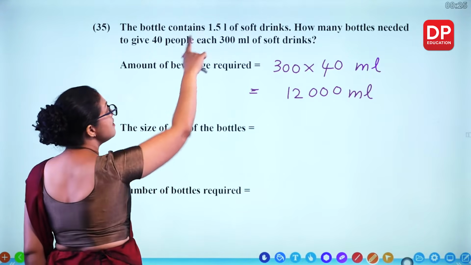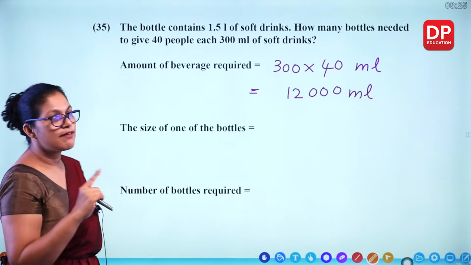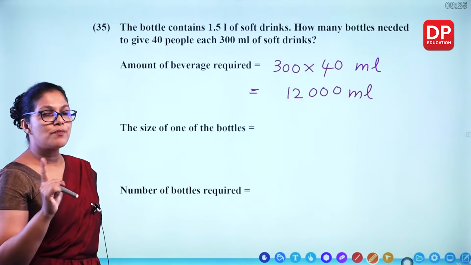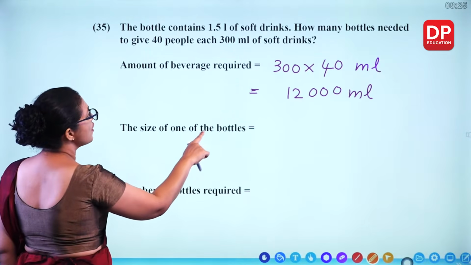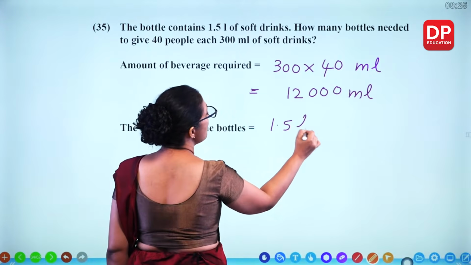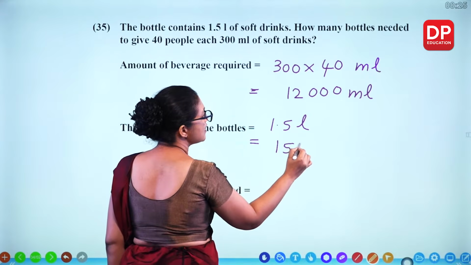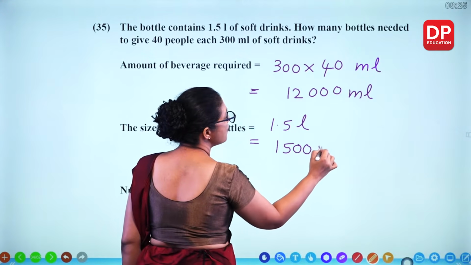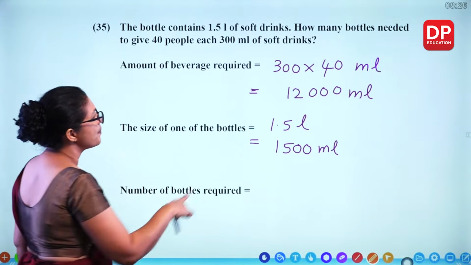But this is in liters. So liters milliliter relationship is, you have to multiply by 1000. So the size of one bottle is 1.5 liters. When you convert to milliliters, multiply by 1000, you get 1500 milliliters. So how many bottles required?